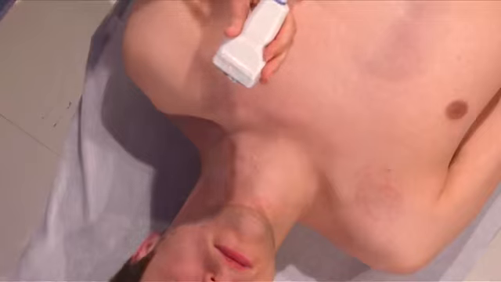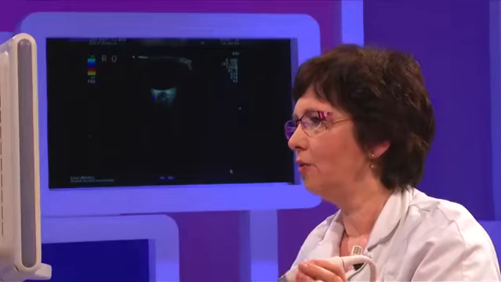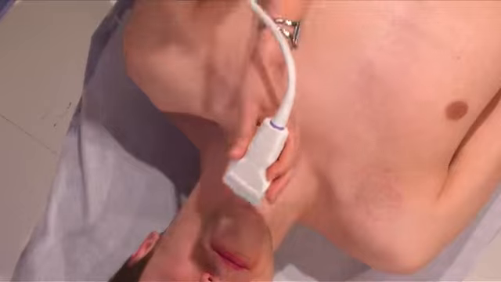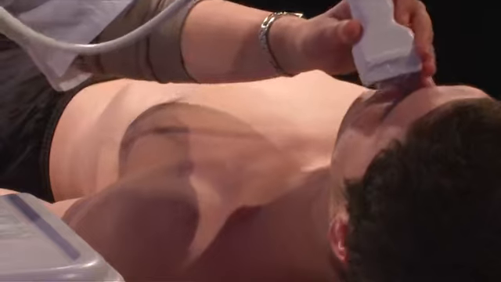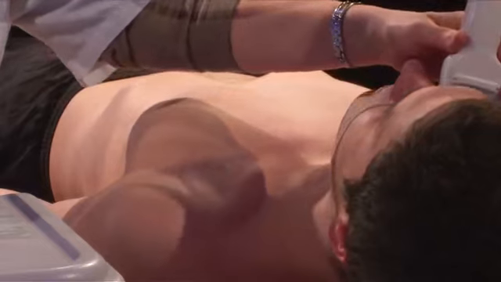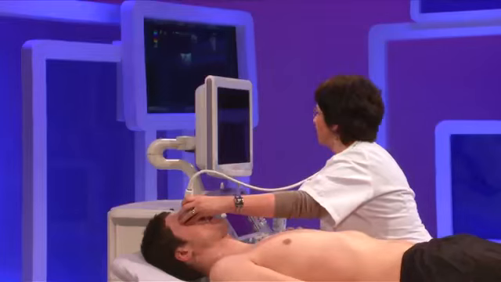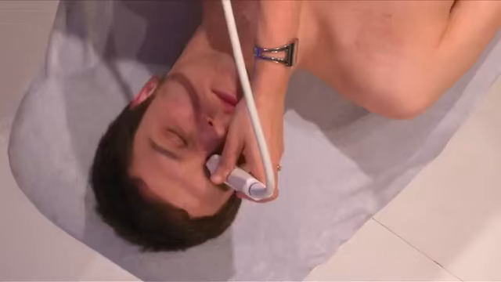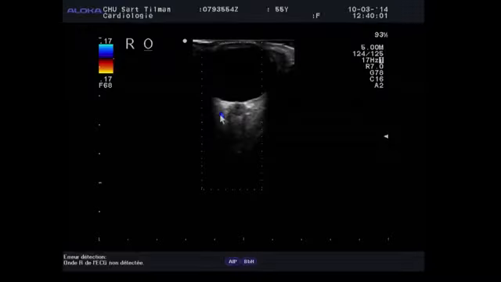Now we're going to check for other indirect signs, and of course we'll have a look at the ophthalmic arteries. So I will ask my patient to shut his eyes. And this is the eye here, the eyeball. And here you have the optic nerve, and on the side, the ophthalmic artery.